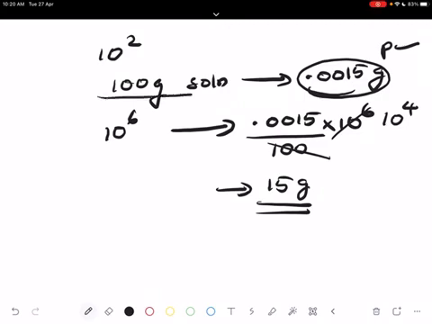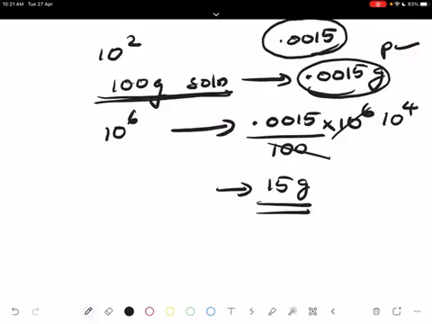So for 100 gram, they may be given in percentage. That is, 0.0015 gram of the pollutant is present in 100 grams. That means this much is the percentage. That is 15 into 10 to the power minus 4.